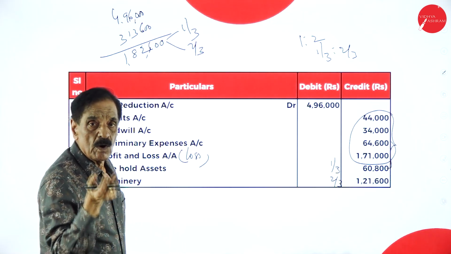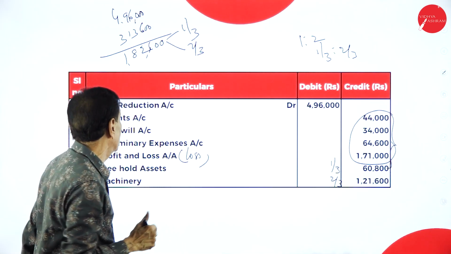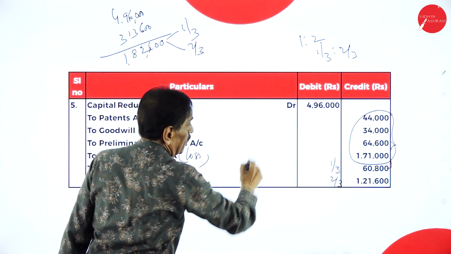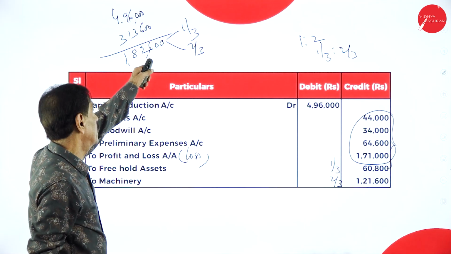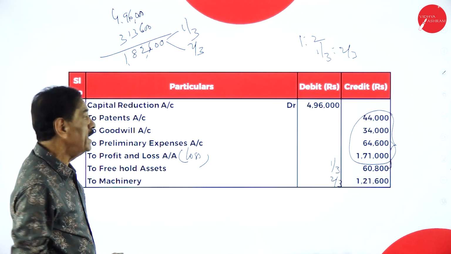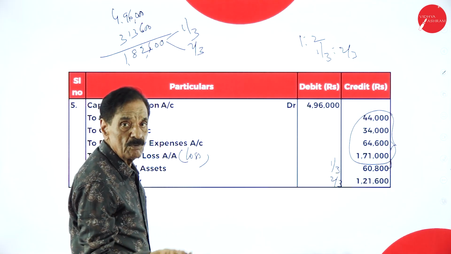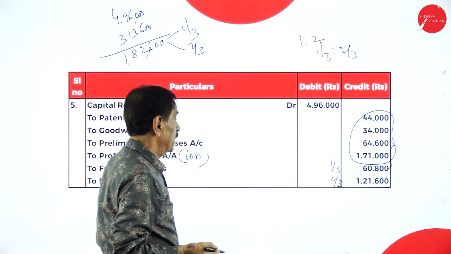I will repeat. Whatever the balance available goes in favor of freehold asset and machinery. Your total amount available is 4,96,000. How much utilized? 3,13,600. How much available? 1,82,400. It has been shared in the ratio of 1 is to 3, 1 by 3. This is how the ratio will be taken.